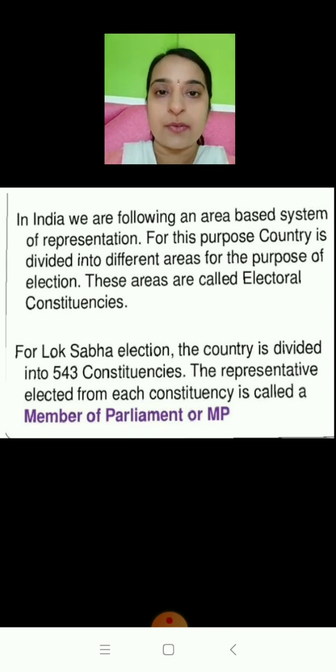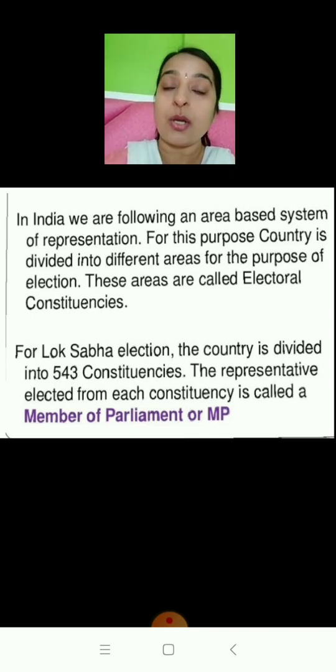In a vast country like India, these areas are called electoral constituencies. It is basically the division of the area depending on the population of that particular area.